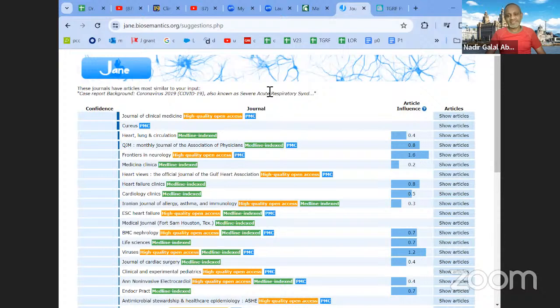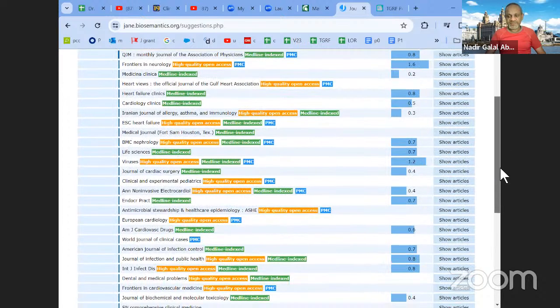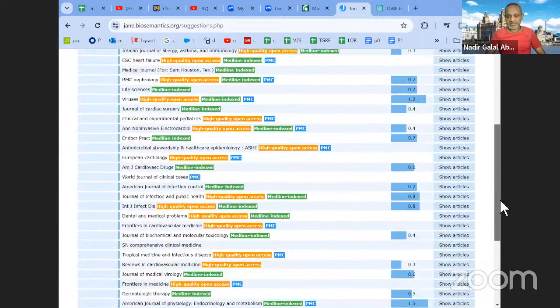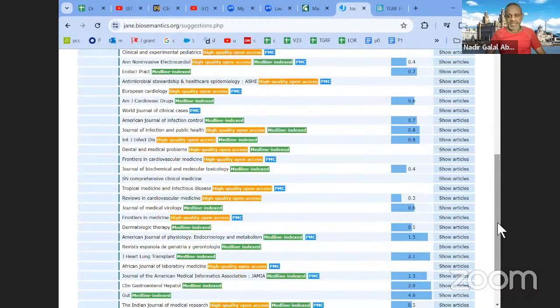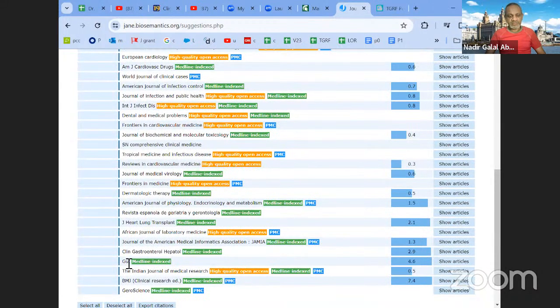Excellent. Thank you, Dr. Nawat. Yes, Jane is a very important tool, and it will help identify journals. But you can try other ones with high impact factors, for example the New England Journal of Medicine, or JAMA, BMJ.